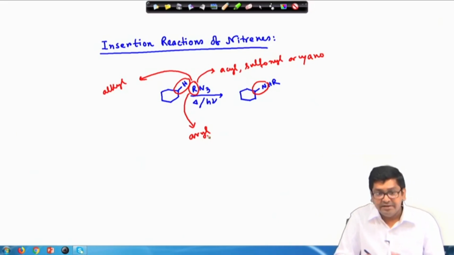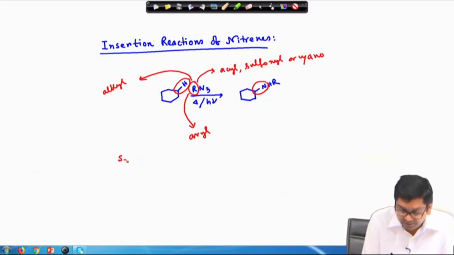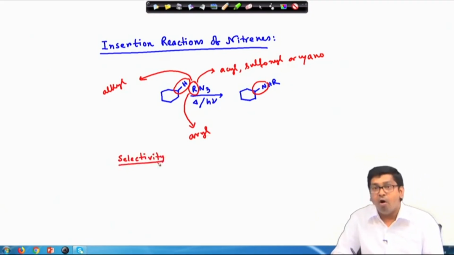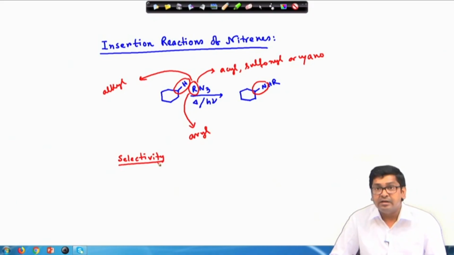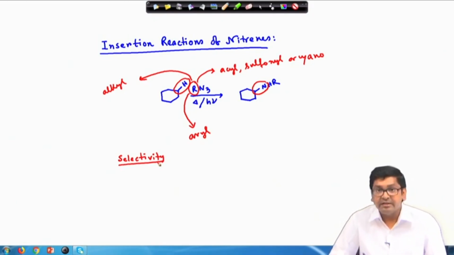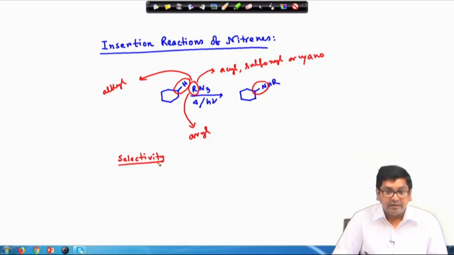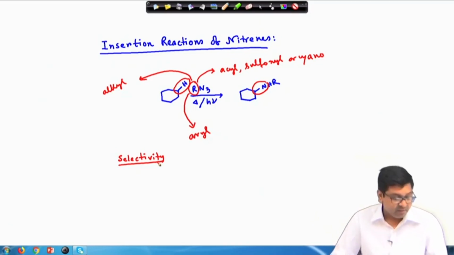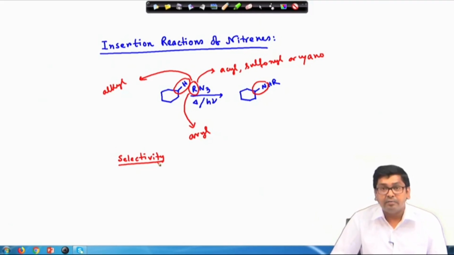And in terms of selectivity of insertion by these nitrene reactive intermediates, that is always guided by the different types of carbon hydrogen bonds.